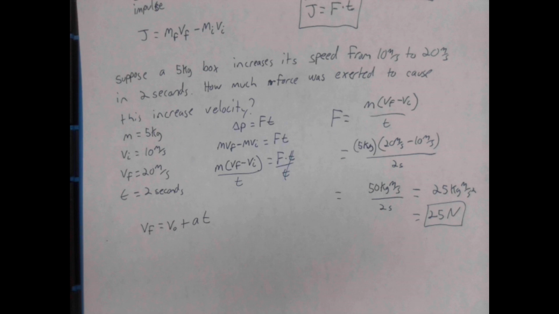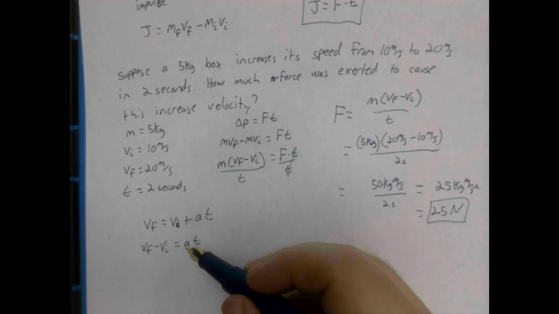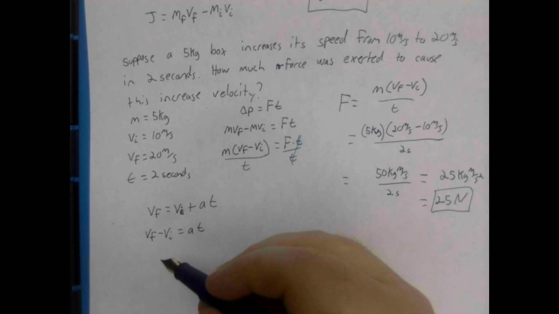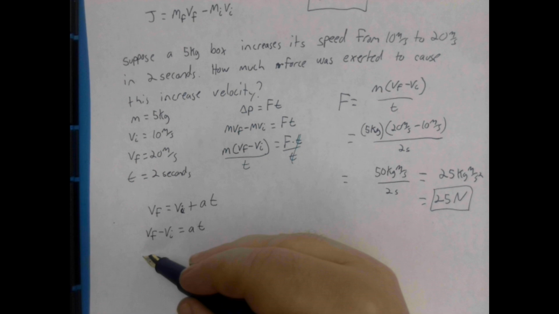I'm going to use an i instead of a not. If we were to move this over, Vf minus Vi is equal to at. Actually, let me back up and just show you.